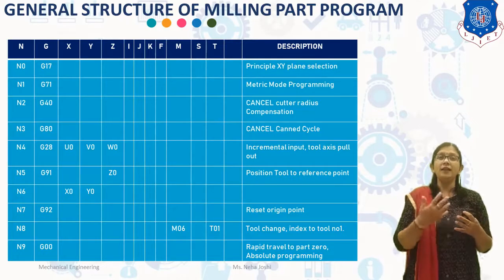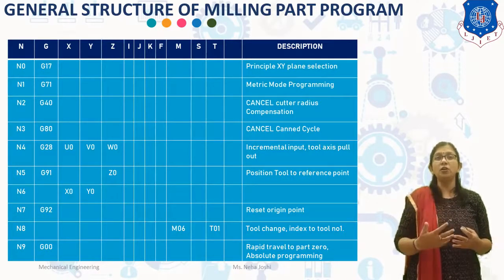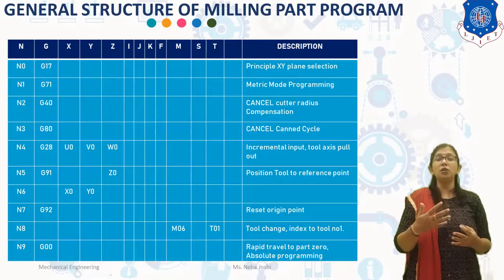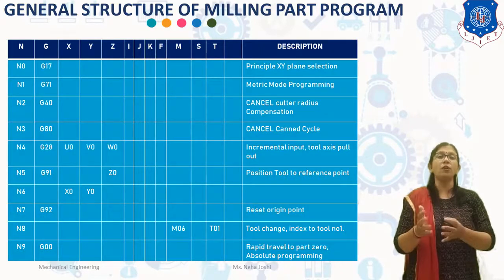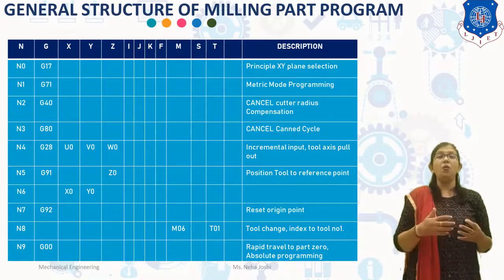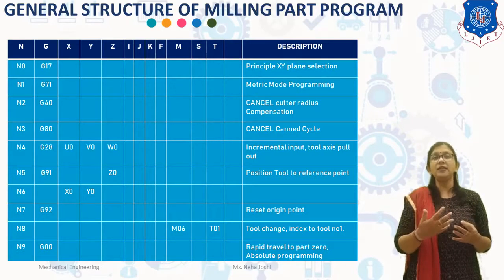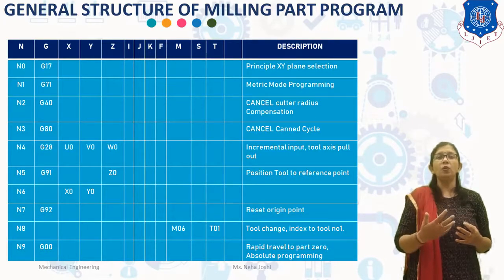After that, the next sequence is N6, which sets the tool at the reference point x0, y0. In case of a milling machine, program zero is assumed to be at the corner of the workpiece. Now after that, the next sequence is N7, which is used to reset the origin point.